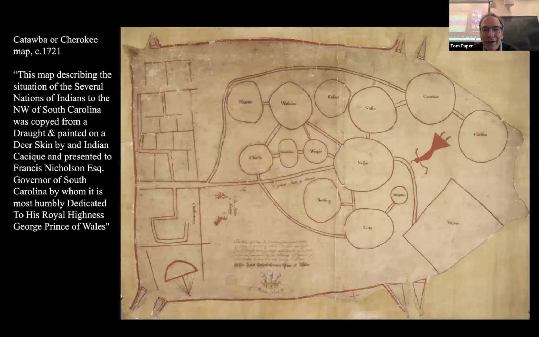Well, is it accurate to say that these were nations, that the indigenous tribes, they're not monolithic.